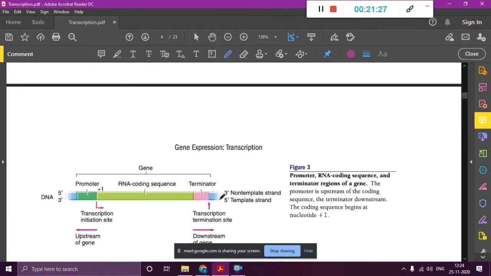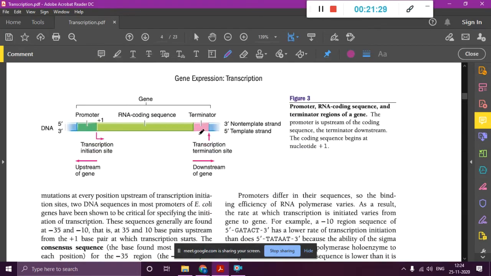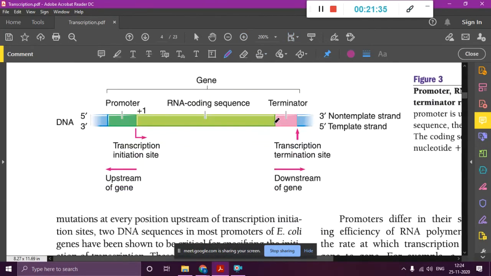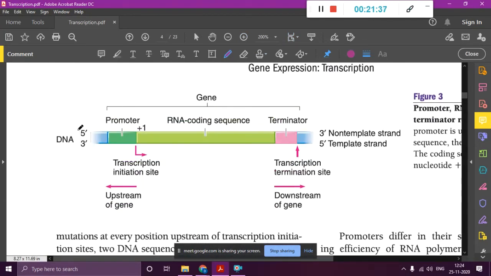So let us have a look at figure 3. Let me increase the size so you can see it well on your mobile. So this is the DNA. One is in the 5' to 3' direction, that is the non-template strand, and the other in the 3' to 5' direction is the template strand.